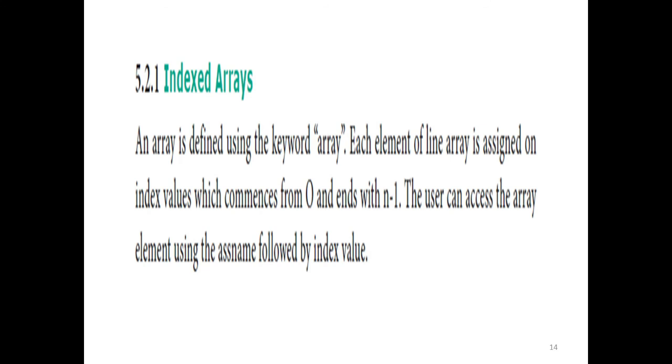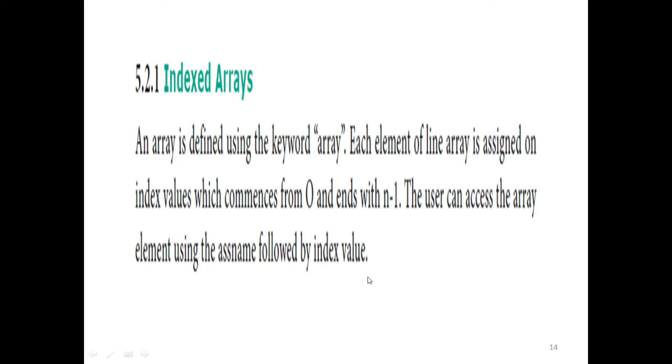What is an indexed array? An array is defined using the keyword array. Each element of an indexed array is assigned an index value, starting with 0 and ending with n minus 1. The user can access the array element using the array name followed by the index value.